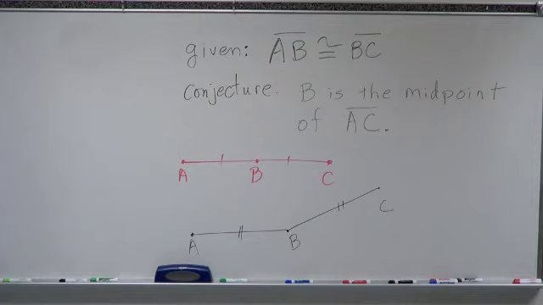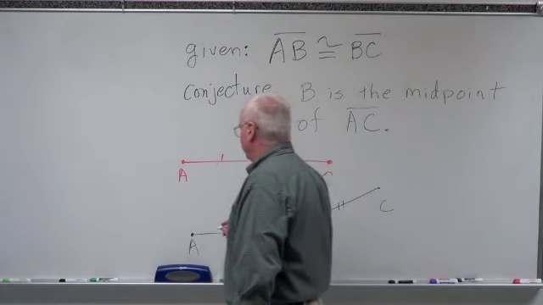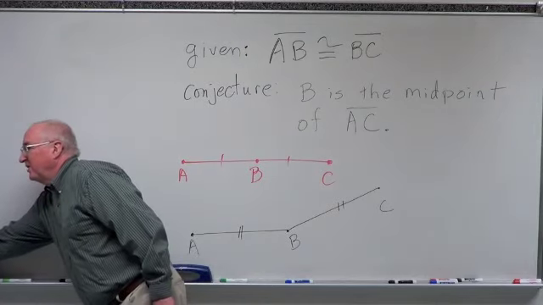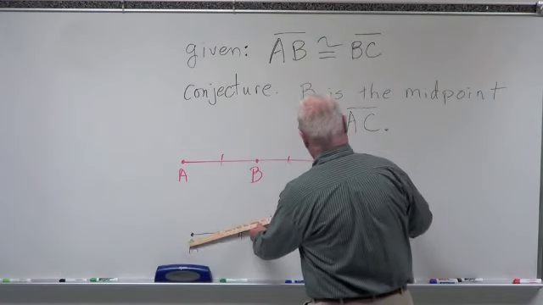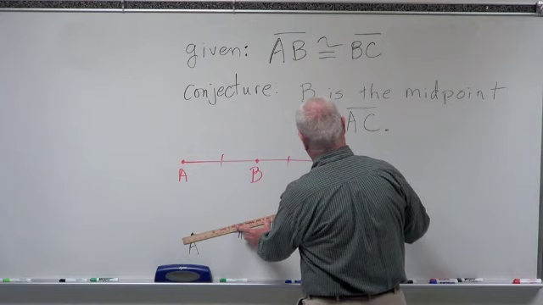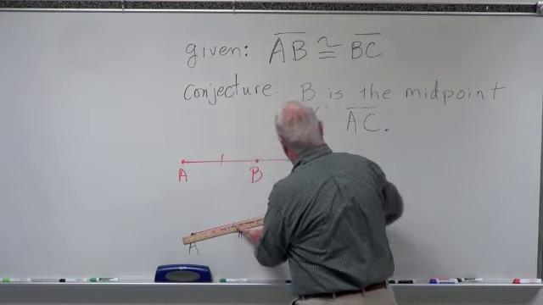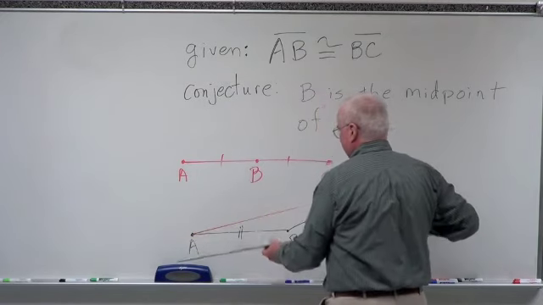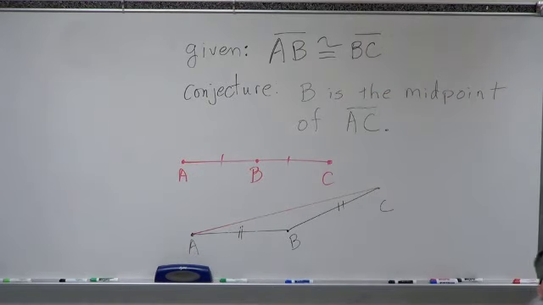Segment AB is congruent to segment BC. But is B the midpoint of segment AC? What would we have to do? We'd have to draw segment AC, wouldn't we? If we can get it straight. We'd have to draw segment AC. Wow. Point B is not even on segment AC, is it? So how could it be the midpoint?